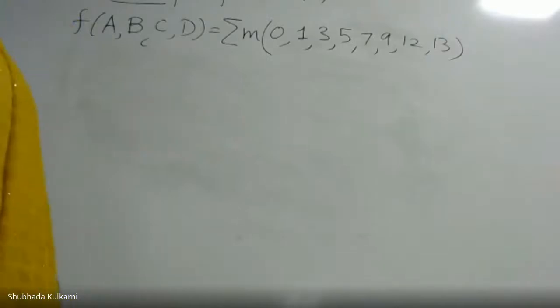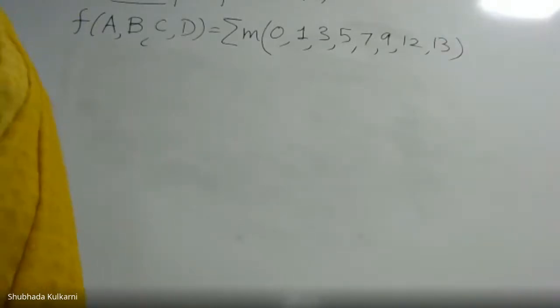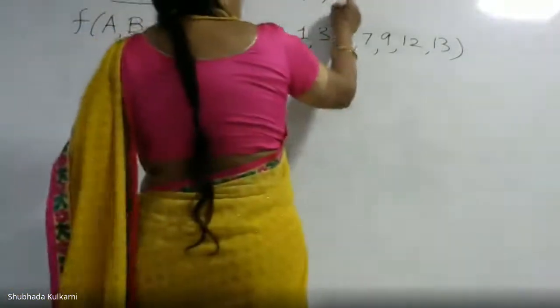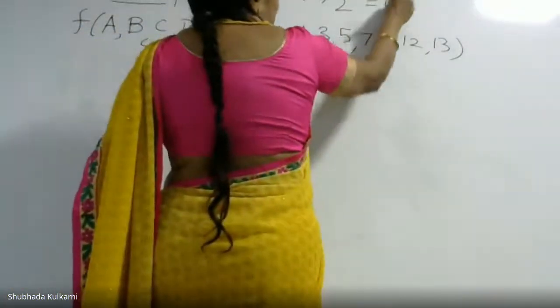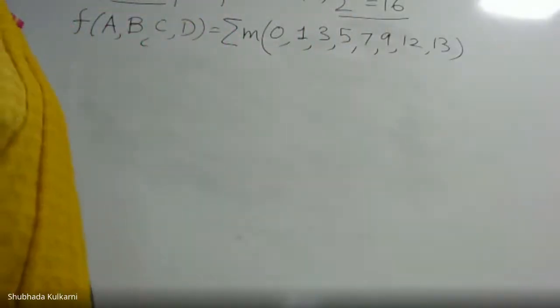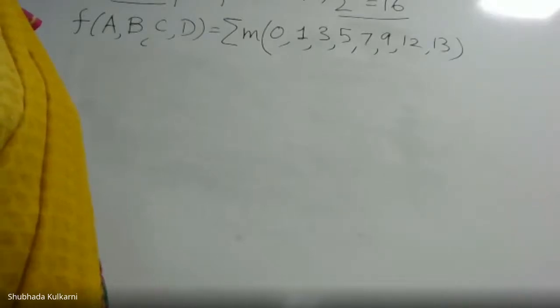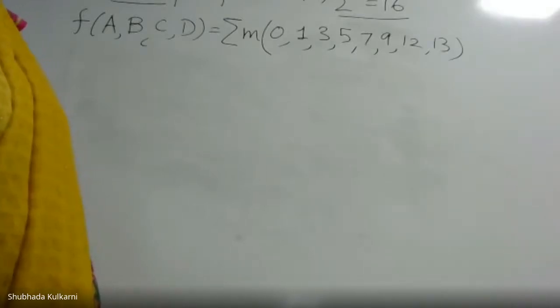Now, what is the decimal number range with 4 variables? 2 raised to 4 equals 16. So 16 combinations are possible in binary for the ABCD variables, and you will get decimal min terms 0 to 15.